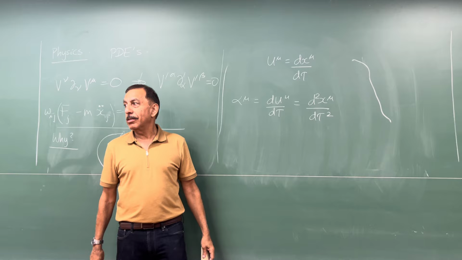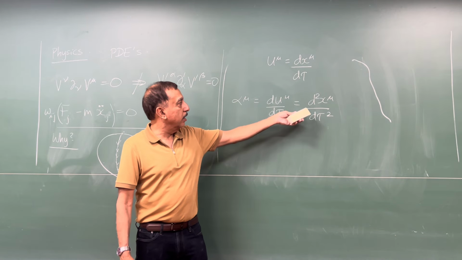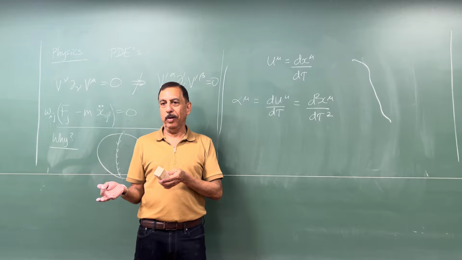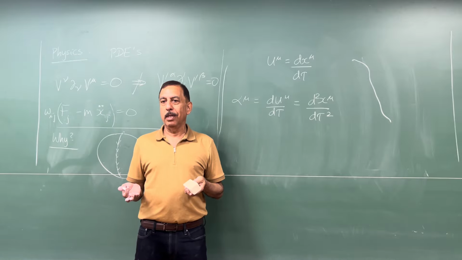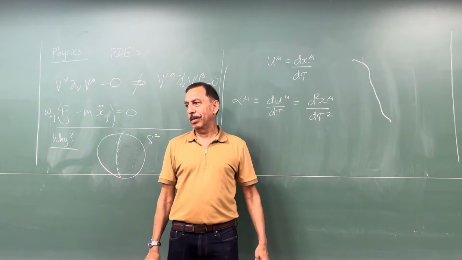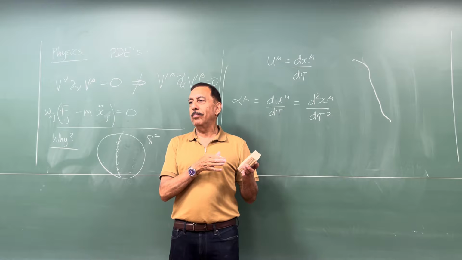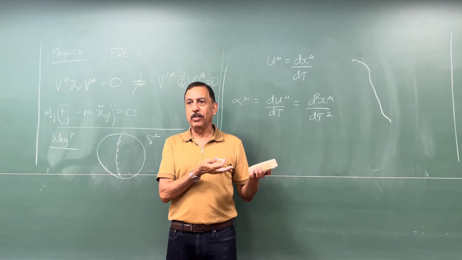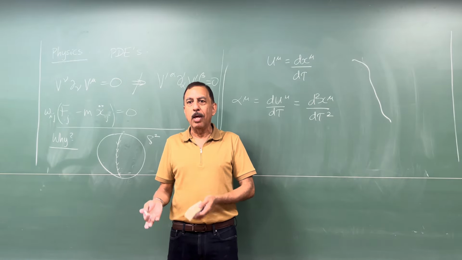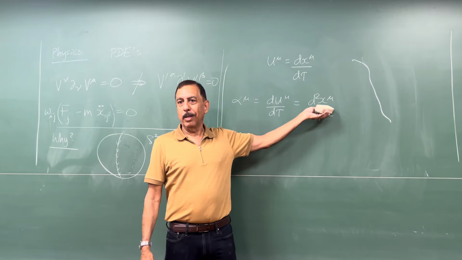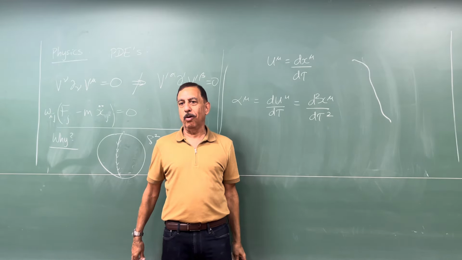What you said is that the naive acceleration defined like this can be 0 in one frame and non-zero in another frame. But then it can't be a vector, because we have seen that vectors transform by a factor in front. So if a vector is 0 in one frame, it's 0 in all frames. But we know physically that acceleration, if 0 in one frame, is not 0 in all frames. So there can't be any equation which sets this to 0, and which is claimed as a law of physics.